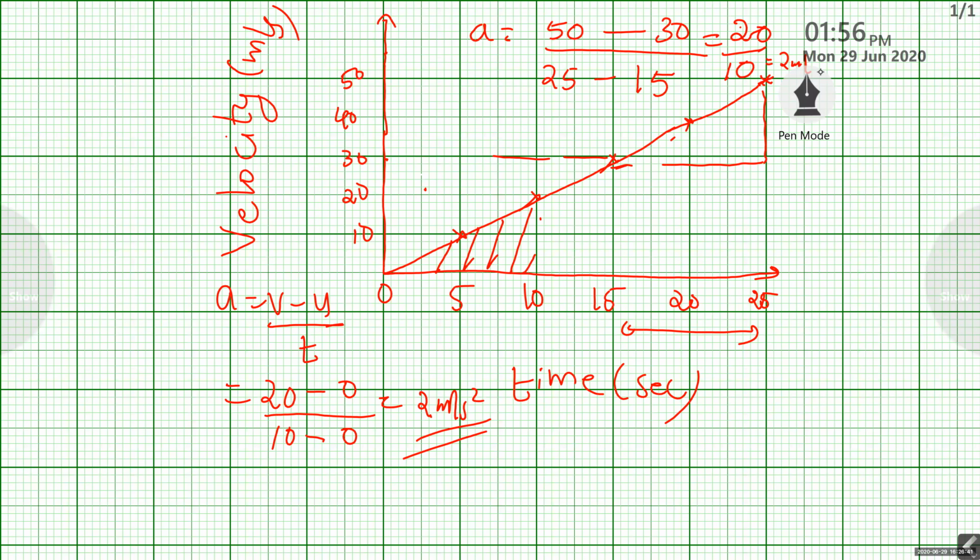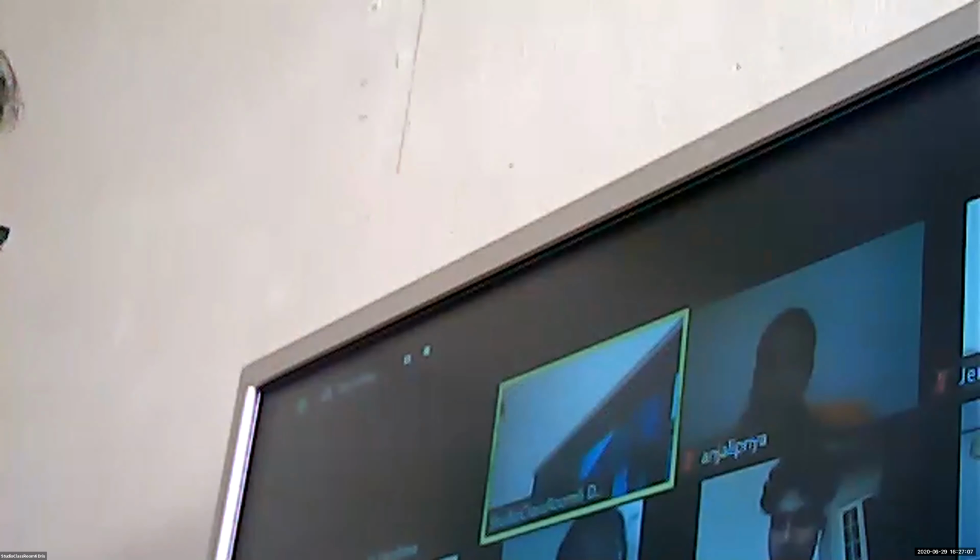You can directly do 30 by 15 and again you will get 2 meter per second square. Any point you take on the y-axis and x-axis, you will get the same acceleration. So this graph indicates uniform acceleration. Did you understand the concept? Yes, ma'am.